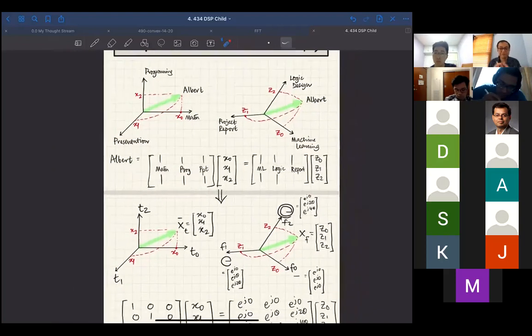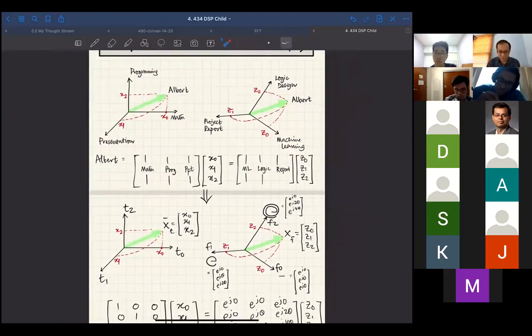So this is the part that if you get, it helps a lot actually. SpaceX earlier was machine learning, logic design, project report, which means any person who comes to interview, you can express that person as a combination of how much is his score in machine learning, how much is his score in logic design, and how much is his score on project report.